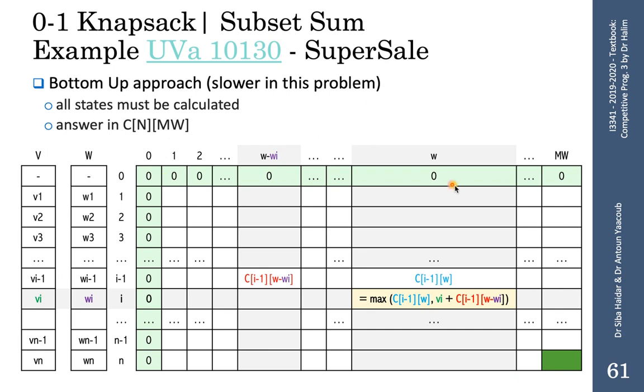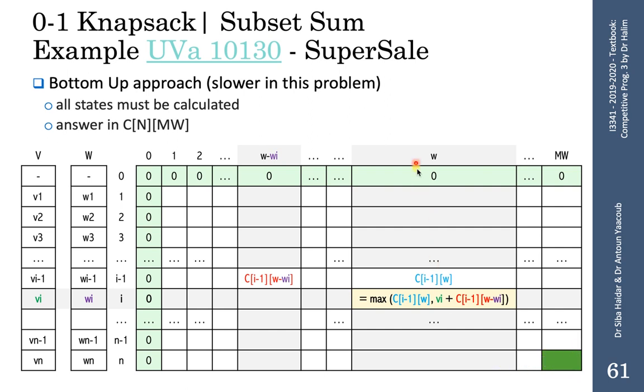These are the base cases. And then we will proceed as follows. We will fill all the states because this is a bottom-up approach, so anytime I have to fill the value from up to down. I don't go back when I finish, I just return the value marked here in green.